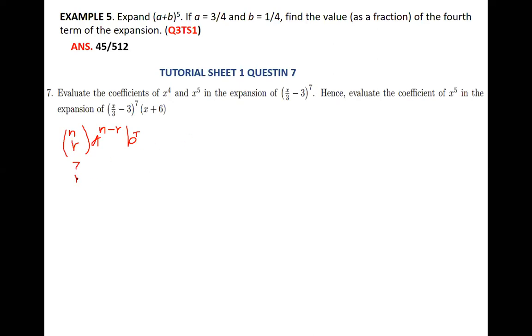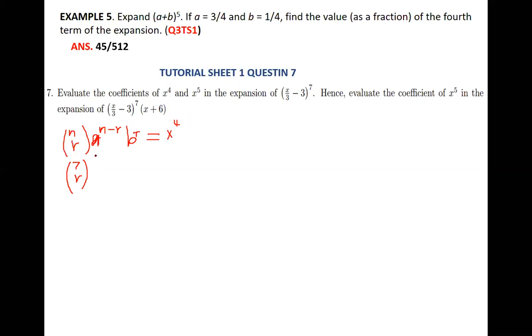We don't know. It's the one that we're looking for. So mind you, after finding this, you have to equate it to x to the power 4 in order to find your value of r at x to the power 4. And then you also equate it to x to the power 5 in order to find the value of r at x to the power 5.